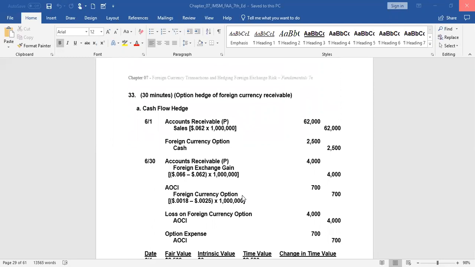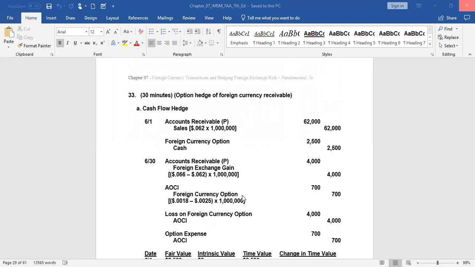What else we have to do is record any kind of gain or loss in our option value. Here's how you look at this. On June 1st, we bought the option at 0.0025. If we had waited till June 30th, it would have only cost us 0.0018 per peso, or 0.0007 per peso less.